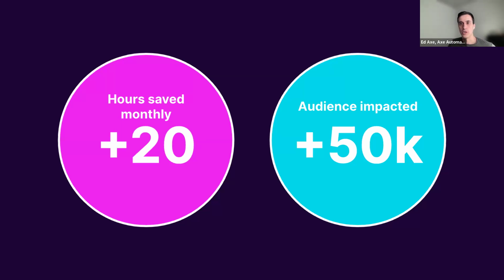So for us, measuring how many hours they are saving in a given month is one very important metric. For this specific system that we have built, we help our clients save more than 20 hours on a monthly basis, because this was a very time-consuming process, and we're going to explain more about this.